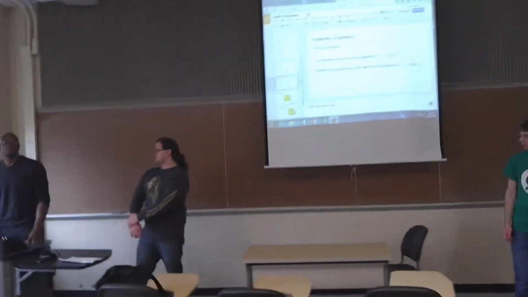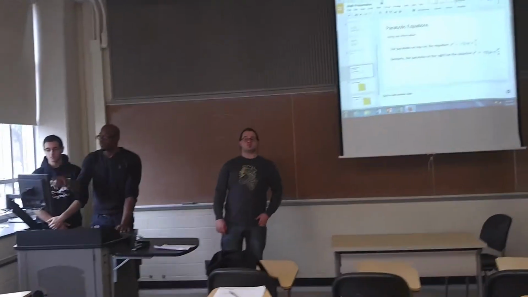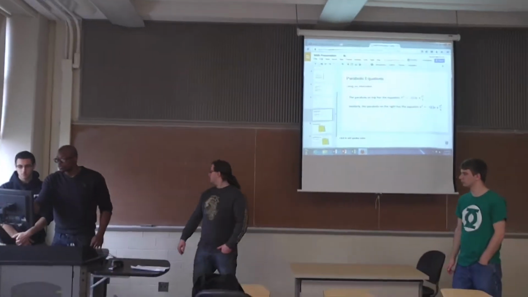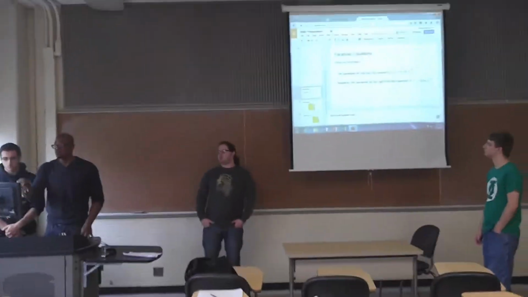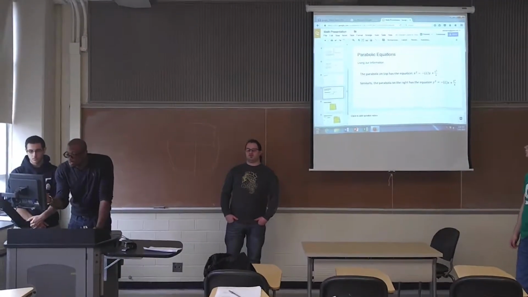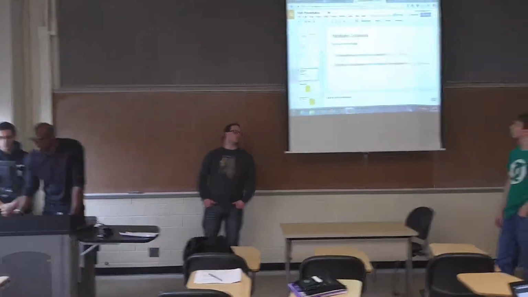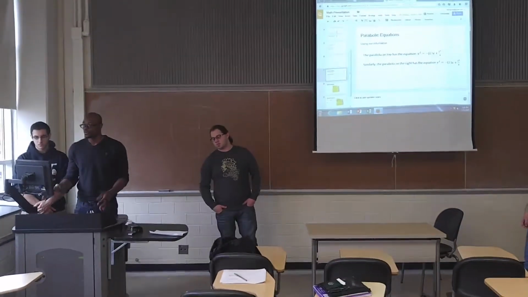Okay, now we're going to be talking about parabolic equations. We basically set up where we have found out that the top parabola is going to be x squared equals L minus y plus L squared over 4, and similarly the parabola from the right is going to be y squared minus Lx plus L squared over 4.